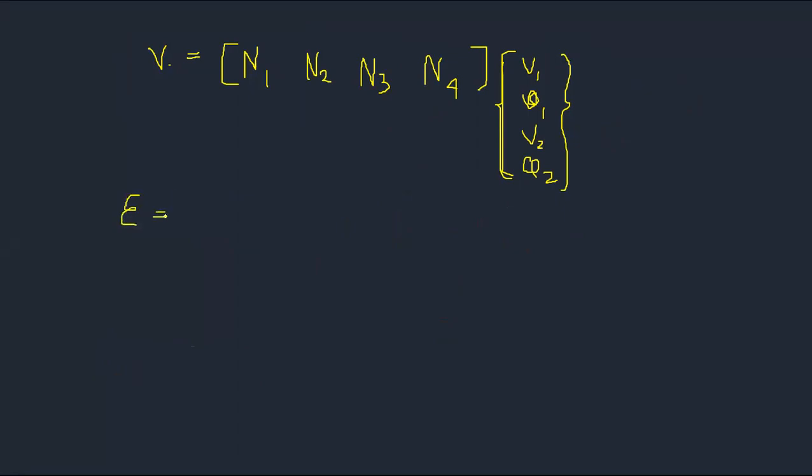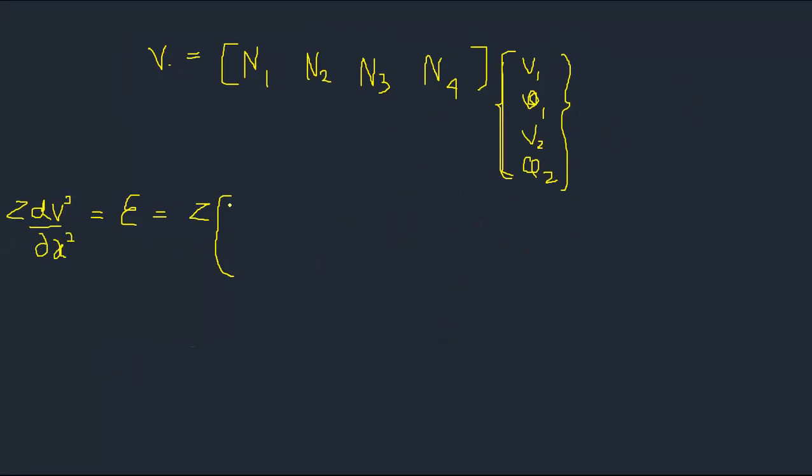V1 is here, so this z is a term, so that's going to be z into d squared v over dx squared.